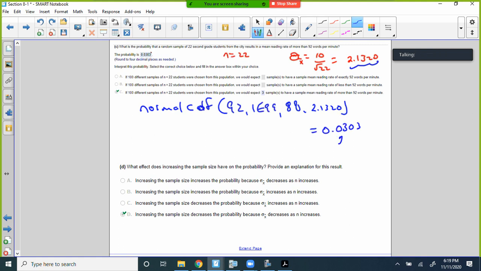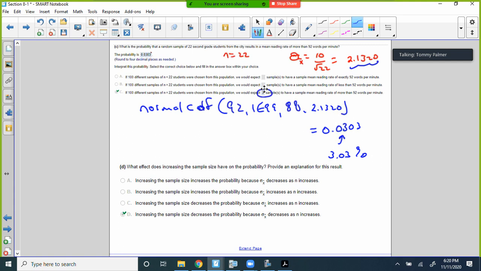Okay. Which is really 3.03%, right? That goes with this. That's why that right here is a 3. So if we were to take 100 samples of 22 students sampled, then we would expect 3 of them to have a sample mean reading rate greater than 92.